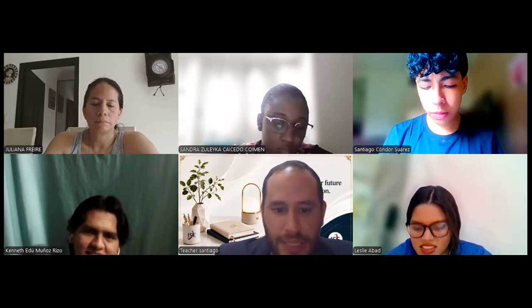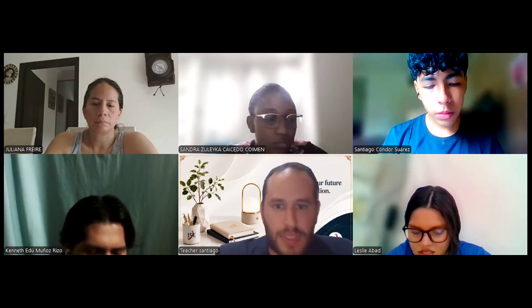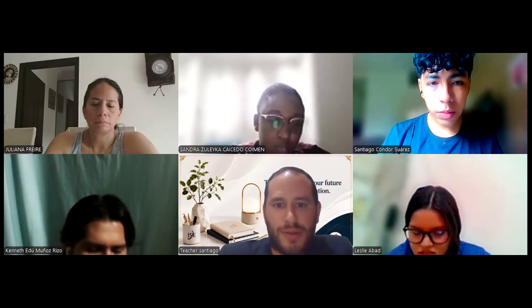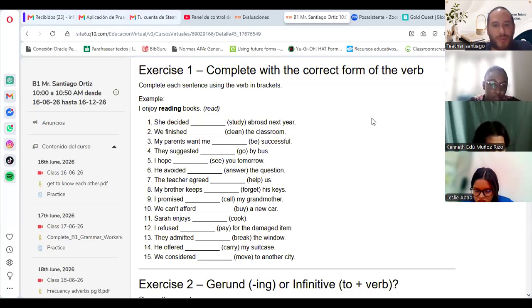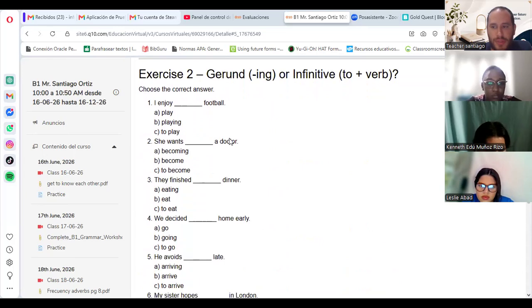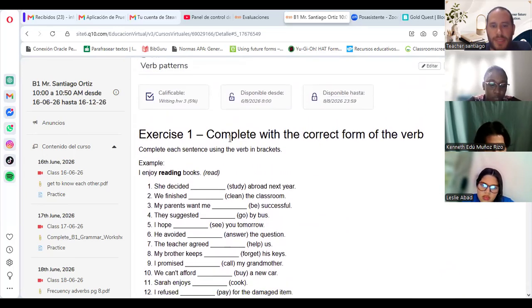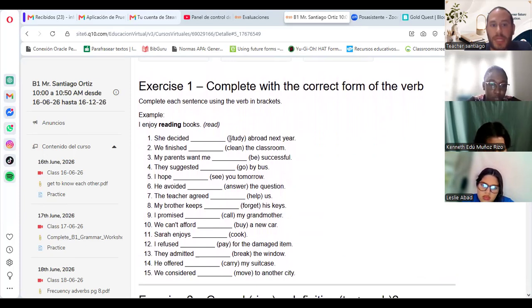Okay, the homework is based on this actually to practice it. So, you just have to choose if you have to use infinitive or gerund and complete it. So, complete the sentences, study, decided to study or studying. And the second one is multiple option. Okay, that's all. So the homework is based on verb patterns because we need to practice a lot.